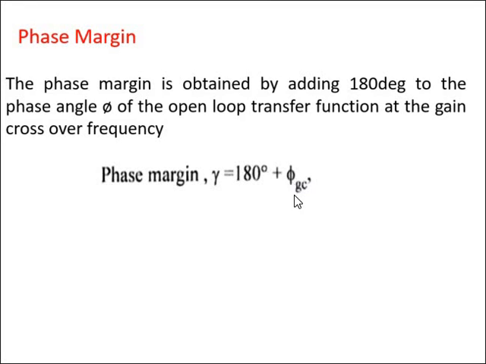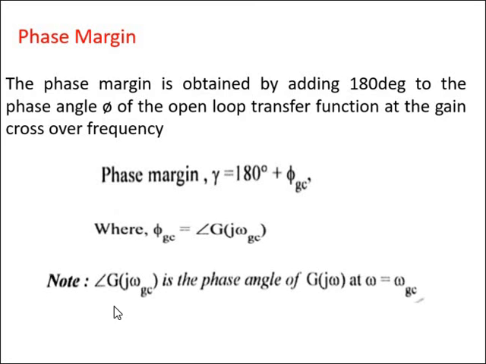Therefore, the phase angle at gain crossover frequency plus 180 degrees is called as phase margin gamma, where phi gc is nothing but the phase angle of G of j omega at omega is equal to omega gc.